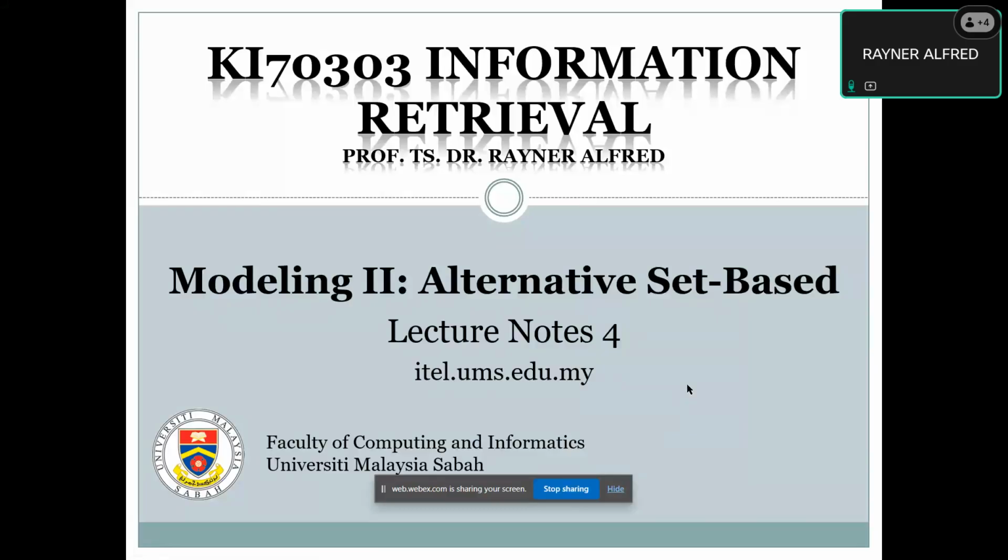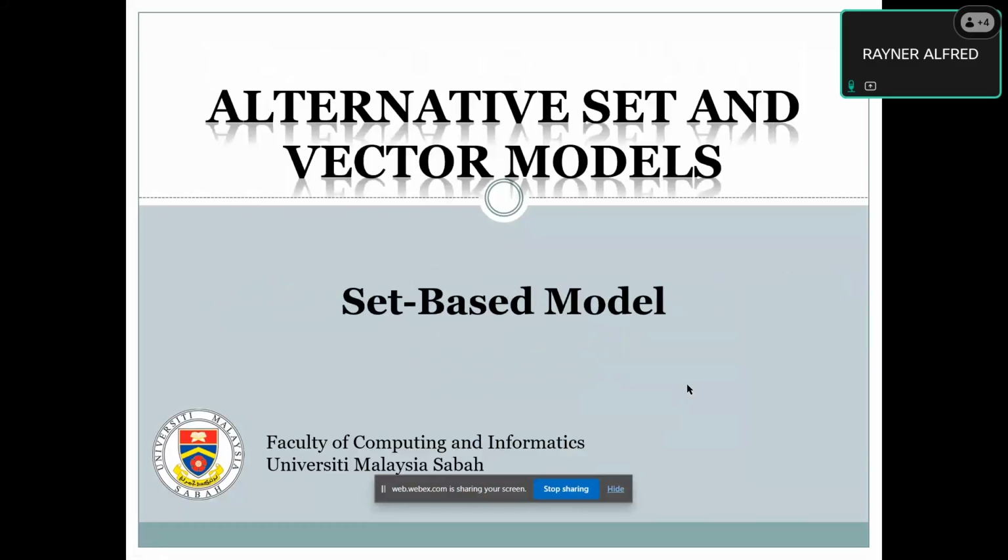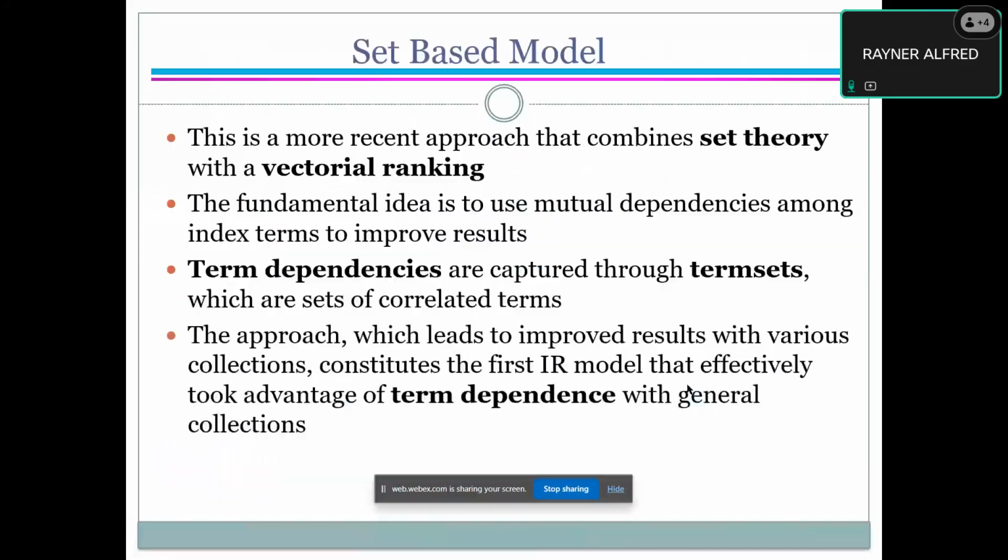Okay, so we will look into the set-based model. The whole idea is we want to capture the term dependency, capture more than one term at one time. The only way we can capture this is by capturing more than one index term, for example two terms together or three terms together.